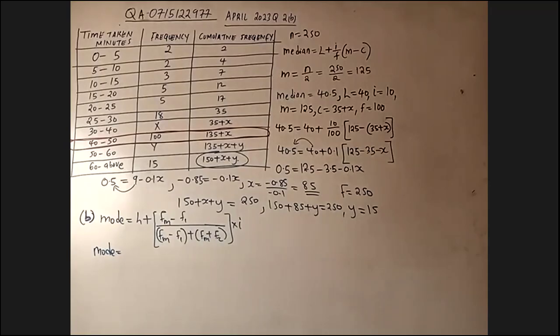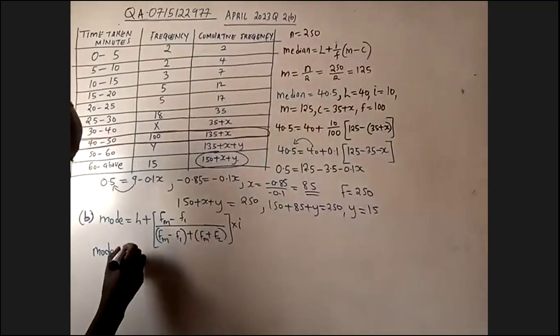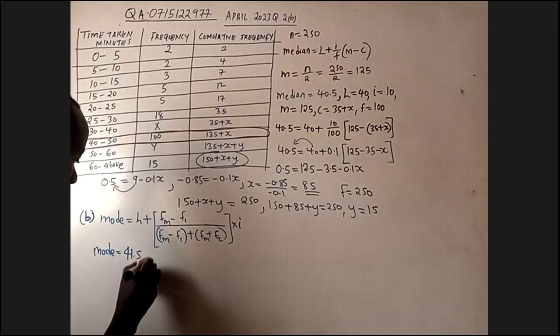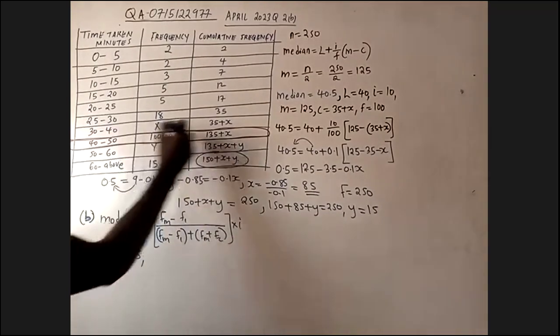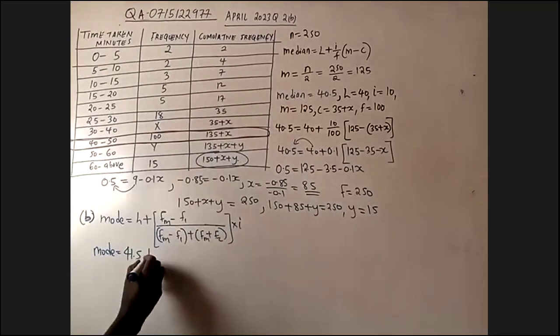The mode is 41.5, so you go within the range like this. It is in the range between 40 and 50. Now, what is our L from that range?